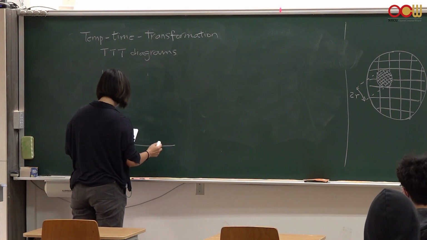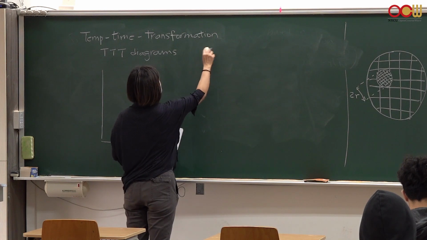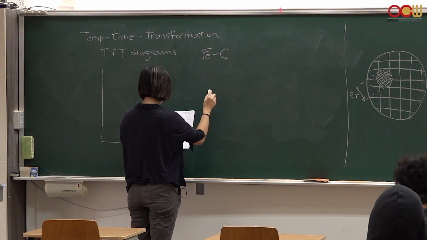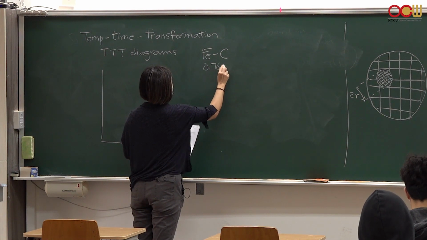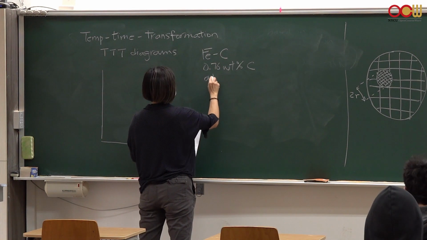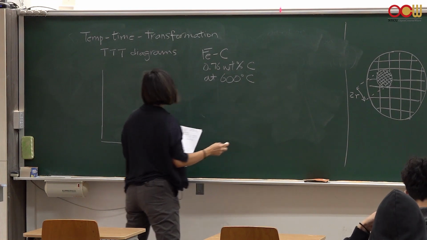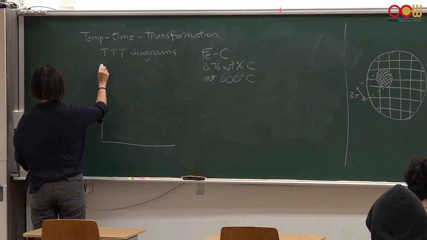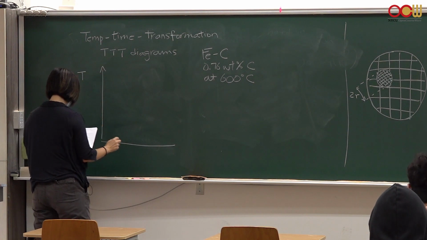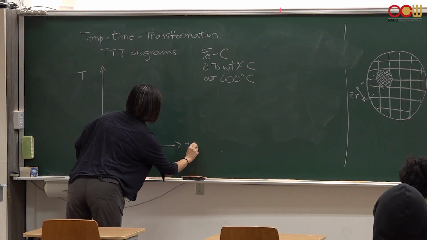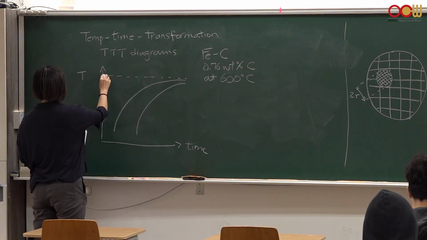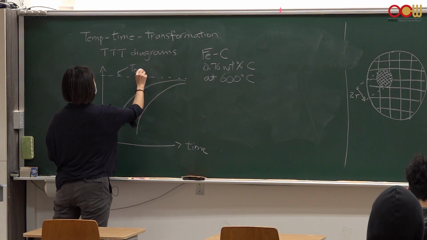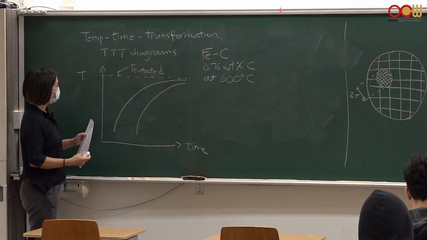So let's look at the iron-carbon phase diagram, and we have 0.76 weight percent carbon at 600 degrees Celsius. And I'm going to draw a TTT diagram here. This is temperature, this is time. This is my eutectoid temperature.